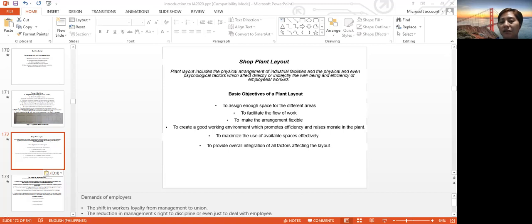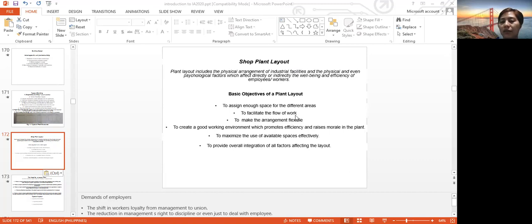And when we speak of efficiency, that means we are not wasting our effort, energy, or any resources in doing our work because everything is arranged. So, basic objectives of a plant layout: to assign enough space for the different areas, to facilitate the flow of work.